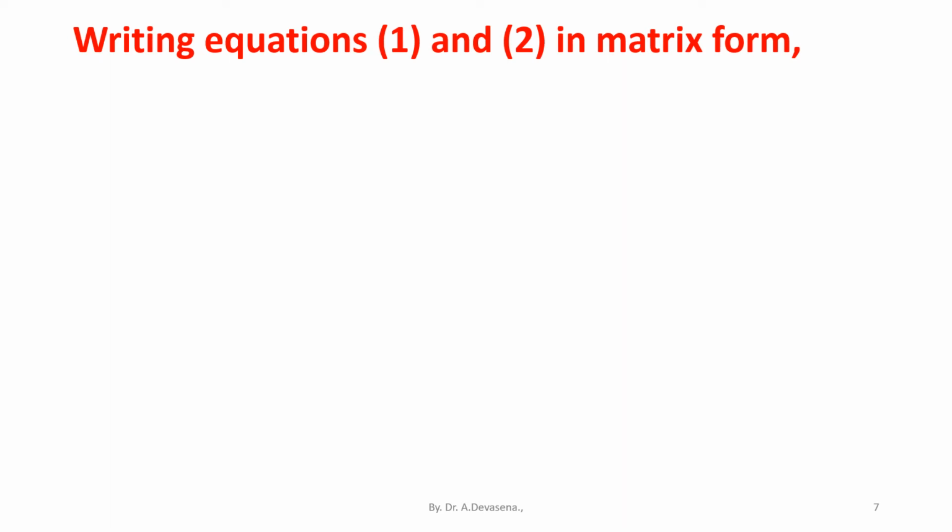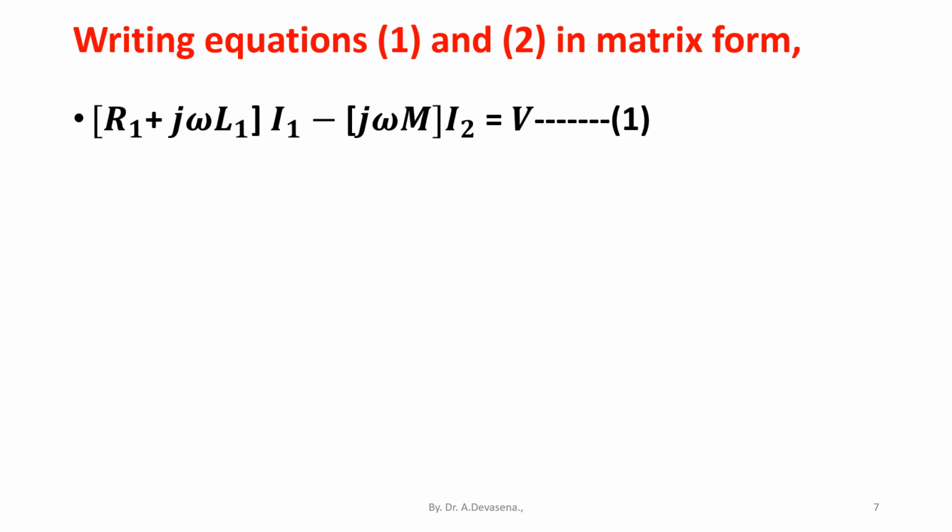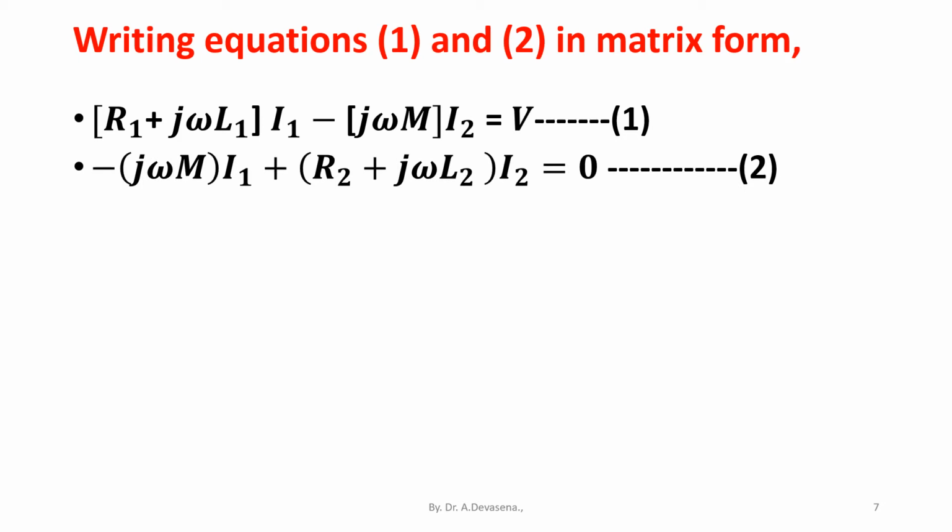Writing equations 1 and 2 in matrix form, this is equation 1: (R1 plus j omega L1) into I1 minus j omega M into I2 is equal to V. Then minus j omega M into I1 plus (R2 plus j omega L2) into I2 is equal to 0, and this is our equation 2.